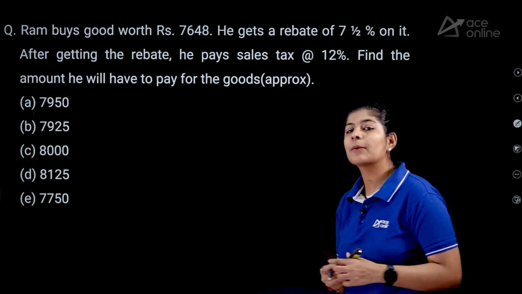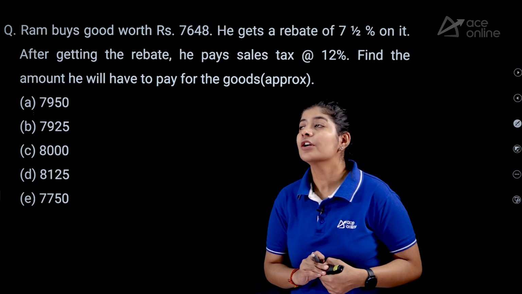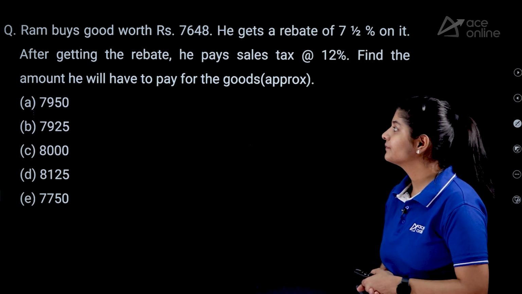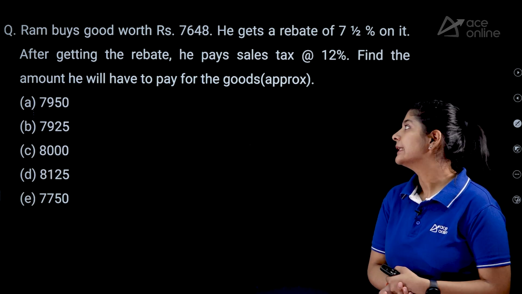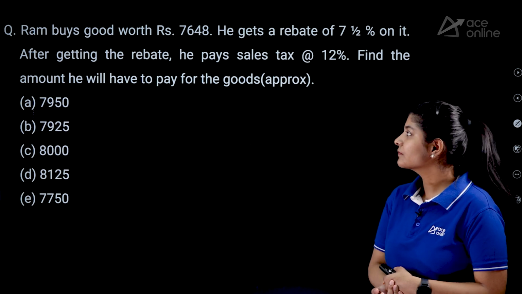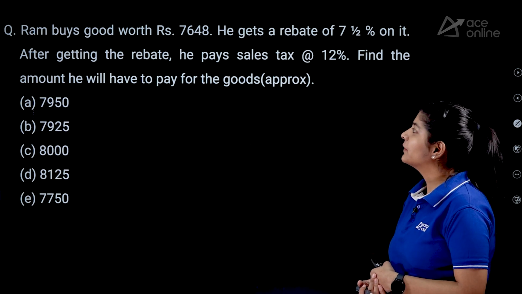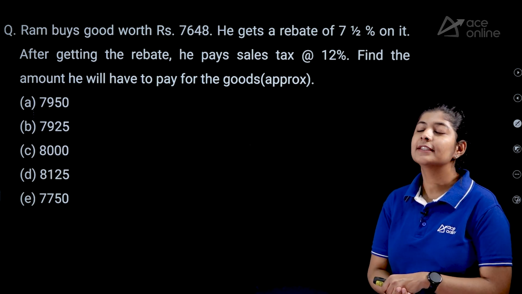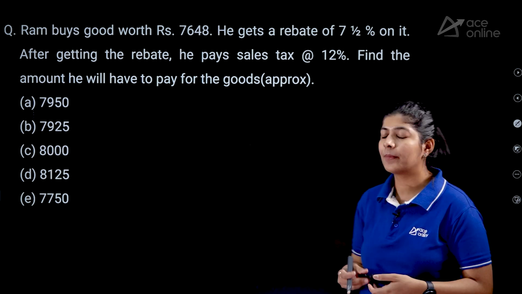We have to find out the approximate amount that is paid by Ram just to buy the goods. So first you have to calculate the rebate. After that, you have to put a tax of 12%, and in the end you will get your correct answer. Just simply try to find out the approximate value.